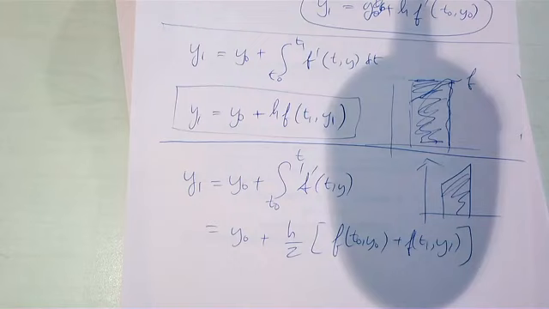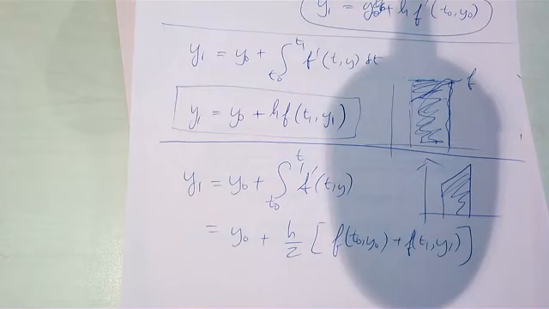More subintervals? No, the same number of subintervals. You just replace. Before, if you have only this term, then you have the explicit Euler method. And if you have only this term, then you have the implicit Euler method. But if you have the average of the two, then you have the trapezoidal method.